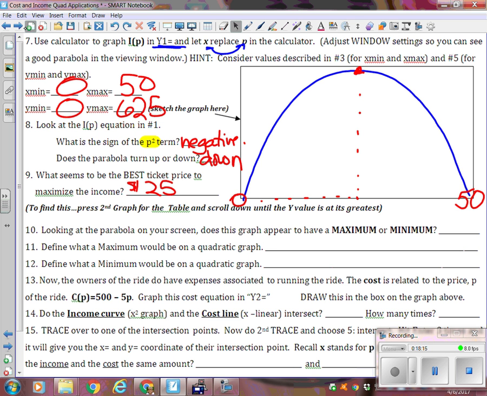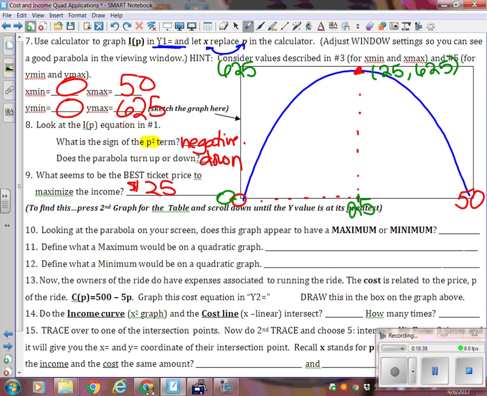What's the numbers up the side? Y minimum on this side goes from what? 0 again up to how high? 625. So this number right here is at what number? 25. So this point up here is at 25, 625. Does everybody see how we read our screen?